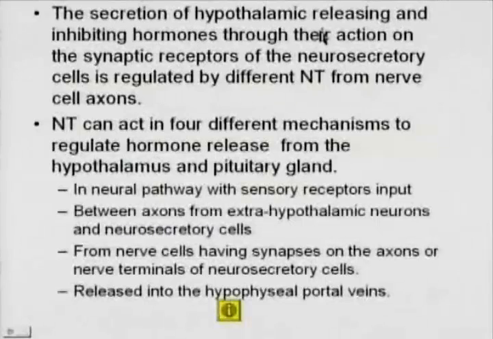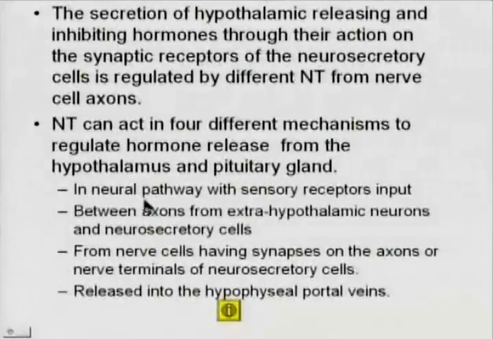So the secretion of the hypothalamic releasing and inhibiting hormones through their action on the synaptic receptors of the neurosecretory cells is regulated by different neurotransmitters from nerve cell axons. No surprise there. The neurotransmitters can act in 4 different mechanisms to regulate hormone release from the hypothalamus and the pituitary gland.